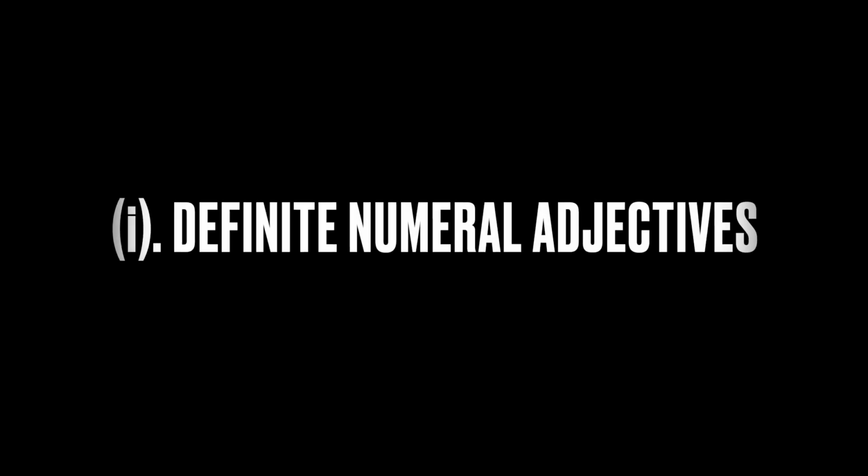Numeral adjectives or adjectives of number are of 3 types. Firstly, we have definite numeral adjectives. These adjectives actually denote an exact number. For example, 1, 2, 3, 4, 5, 6, 7, 8, and it goes on. First, second, third, fourth, right?